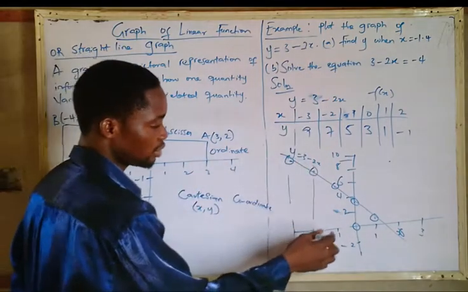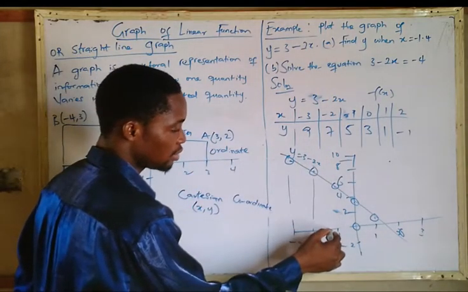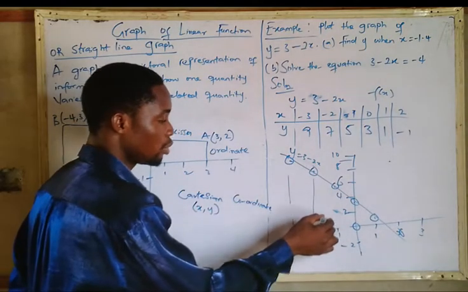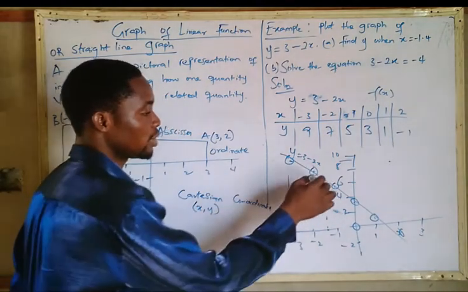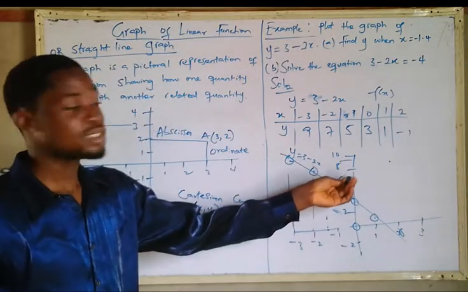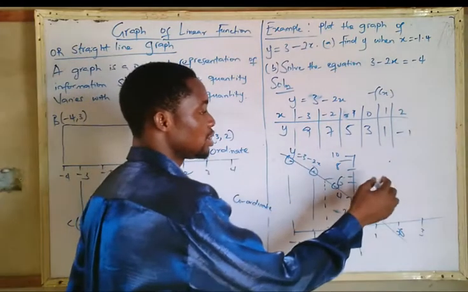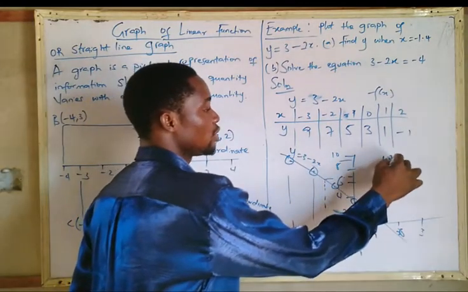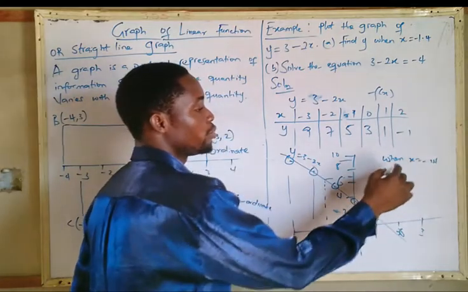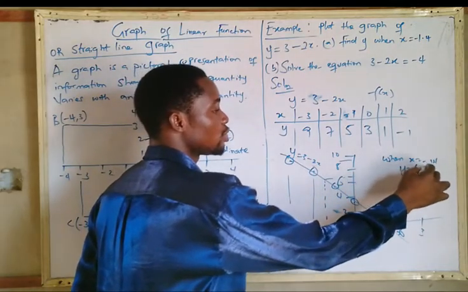On my own graph, which is not actually perfect, I have this as 6.3. So it means when x is minus 1.4, my y is 6.3.